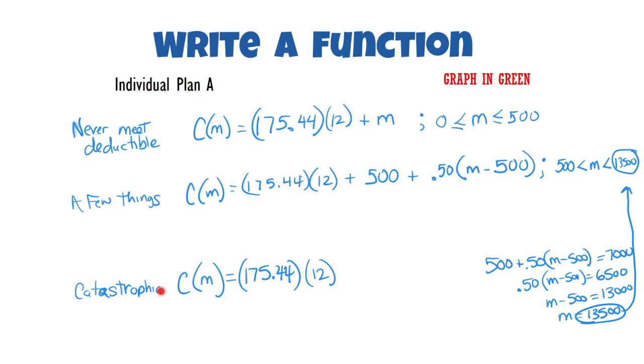This catastrophic scenario is that I paid my premium and I paid $7,000 out of pocket. So I'm going to put $7,000. When are you going to use this? You're going to use this whenever M got to be greater than that 13,500 number.